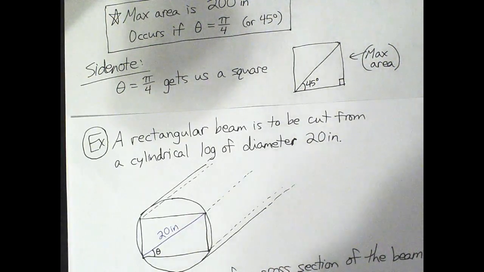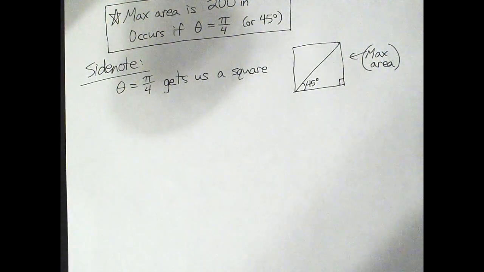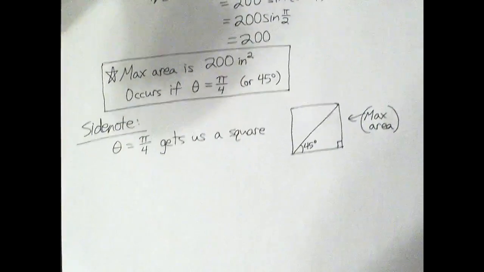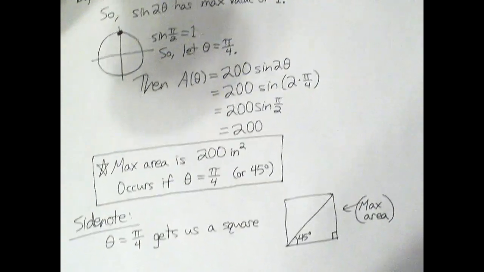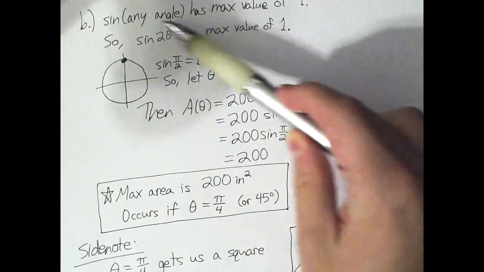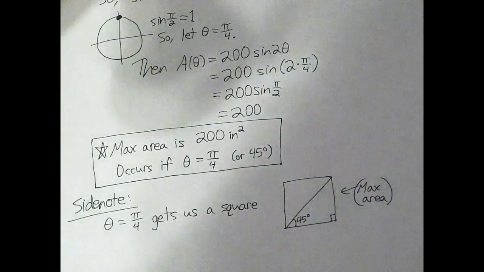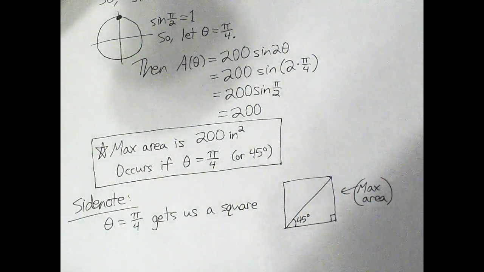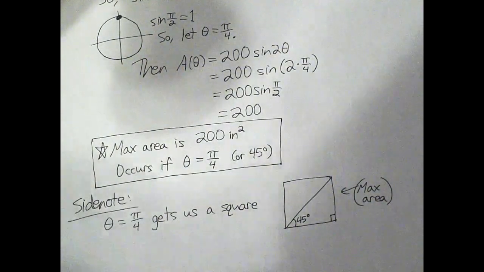And that seems like something kind of practical that we just learned by using trig. It was pretty cool because we used a combination of things we knew from lessons about triangles. We also used things we knew, like that the sine of an angle has a maximum value of 1. And somewhere in there we used a double angle formula.